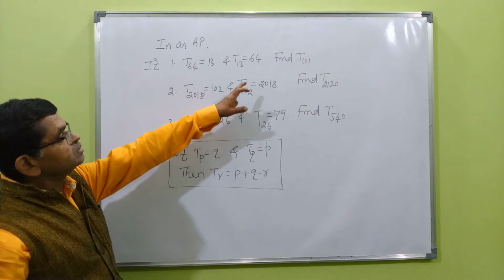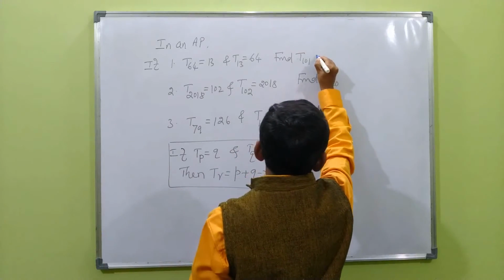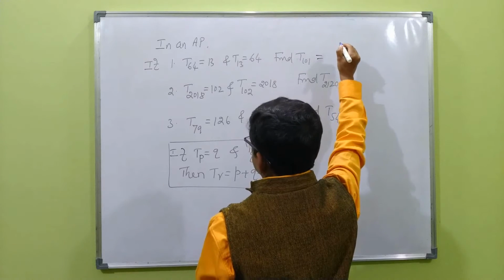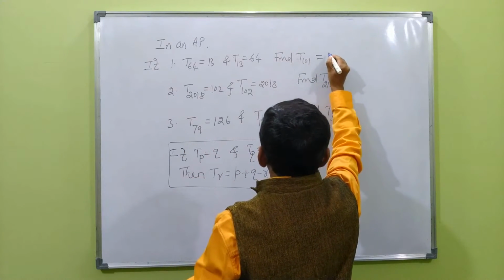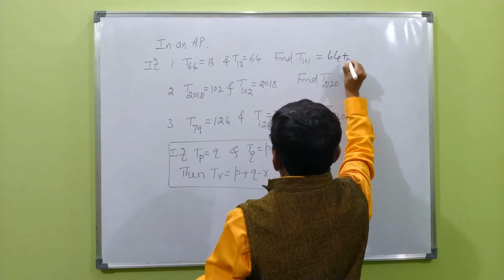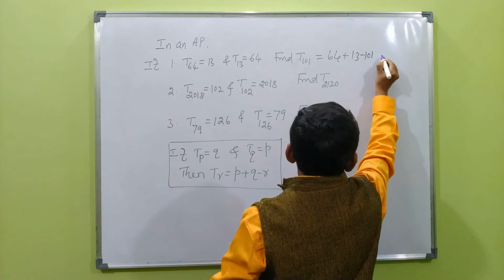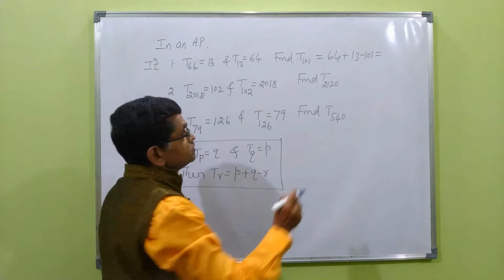So T101 is equal to how much? P plus Q. P is 64 plus 13 minus 101 is equal to, that is 77 minus 101, it is minus 24.